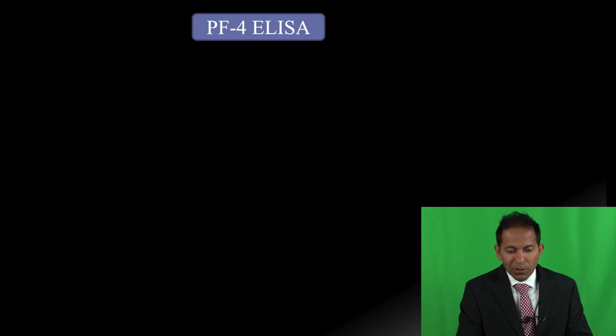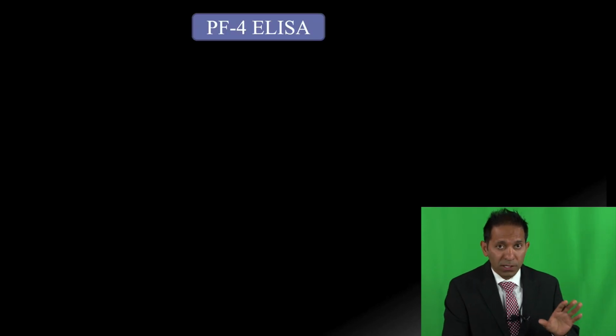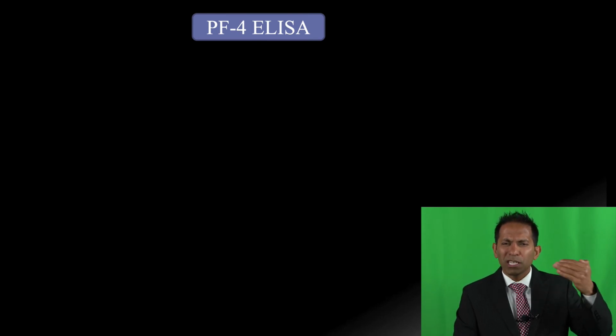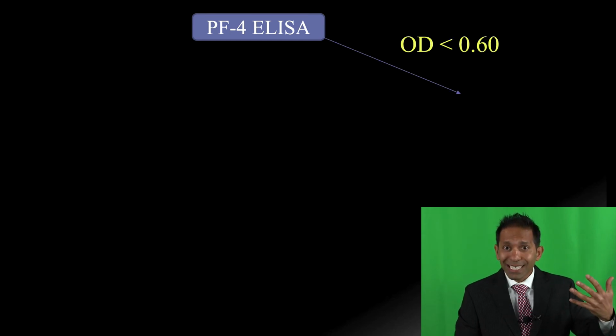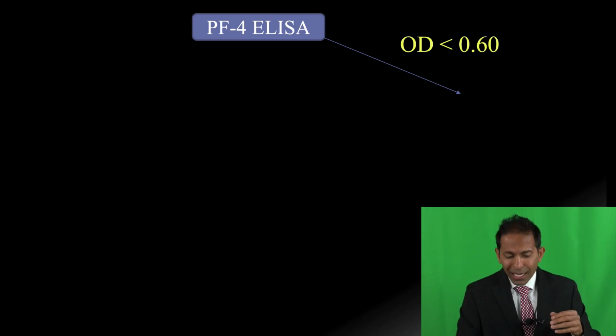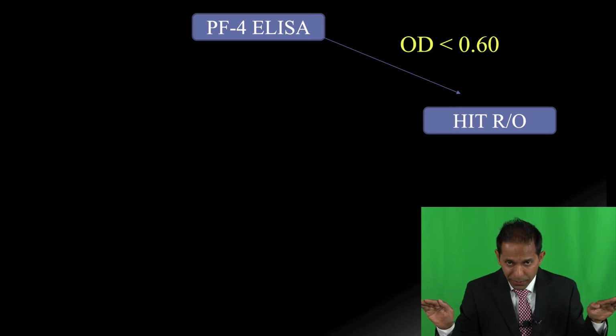So let's talk about why did we order serotonin release assay. If you order platelet factor 4 ELISA, depending on your institution, you might get the result in terms of optical density. If it is less than 0.60, this essentially rules out HIT.